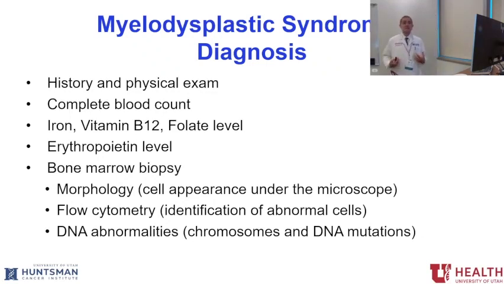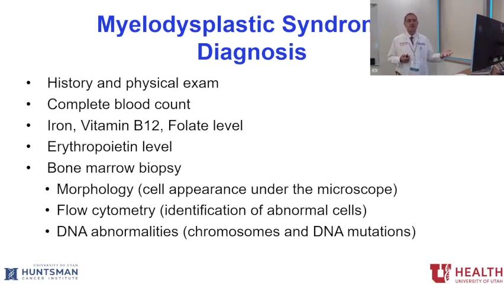So when you go to your doctor and you're not feeling well, they refer you to a hematologist to work it up a little bit more and find out what's going on. So what happens at the hematologist's office? In general, we take a very detailed history, exposures, prior health, and do a complete physical exam.